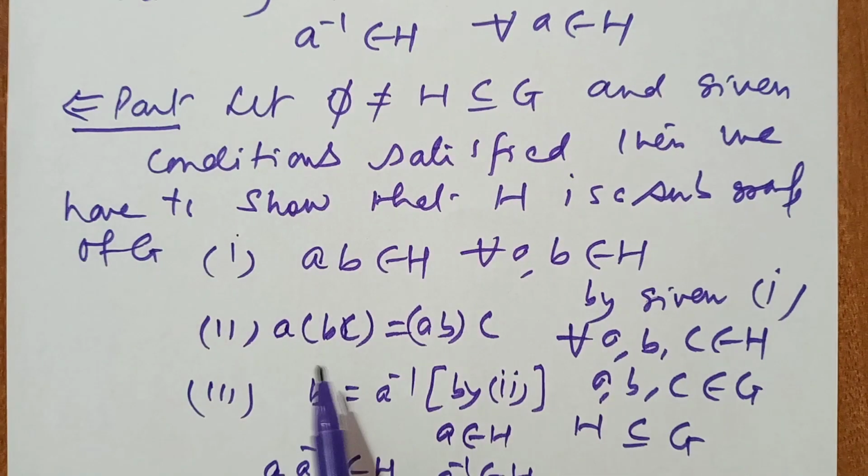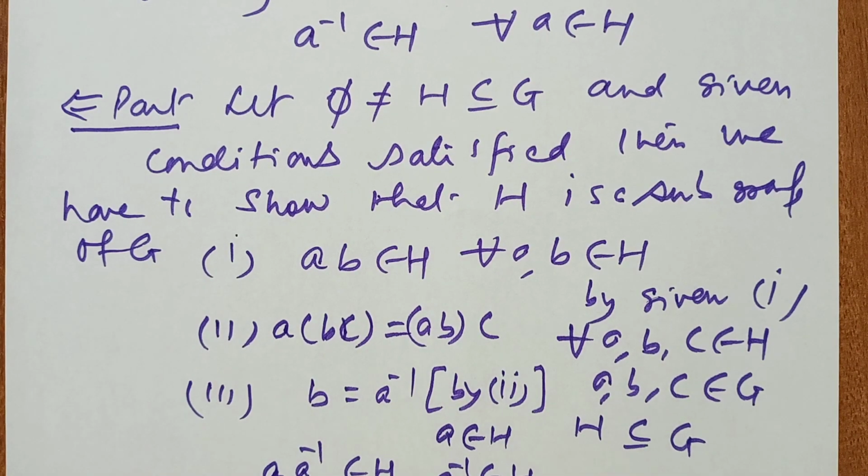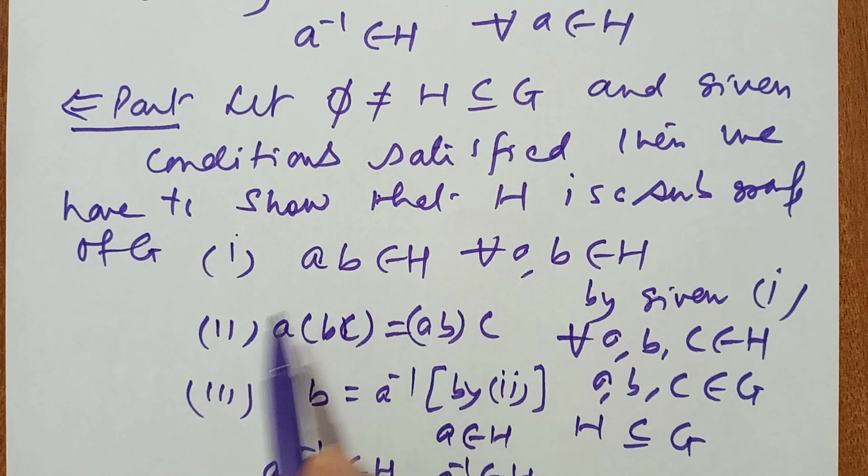By the associative law, since H is a subset of G, all the elements of H are in G, and since G is associative, all the elements of G satisfy the associative law. Therefore, all the elements of H also satisfy the associative law. So the third condition is satisfied.